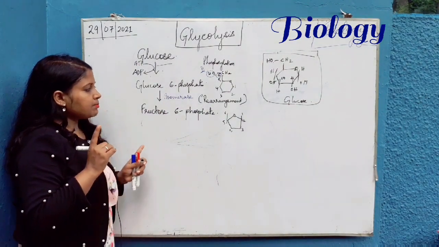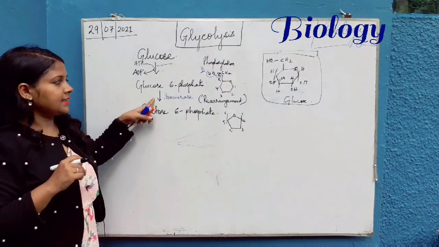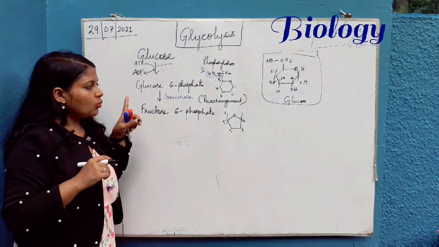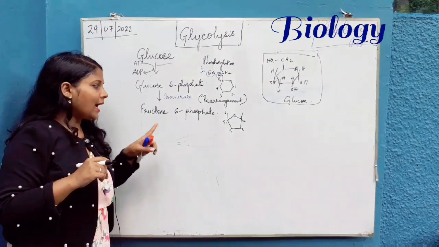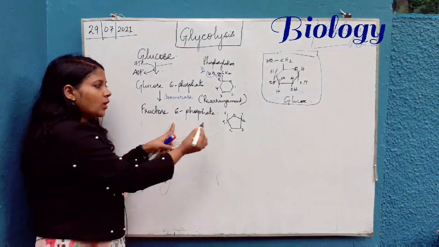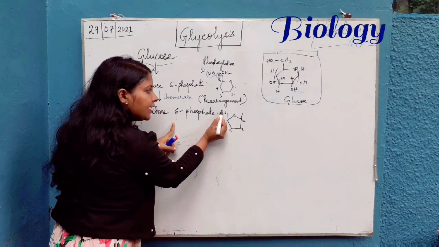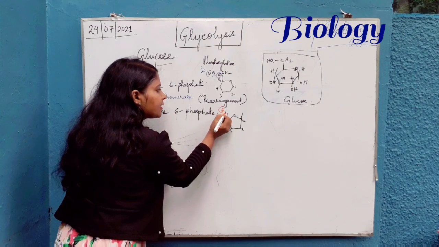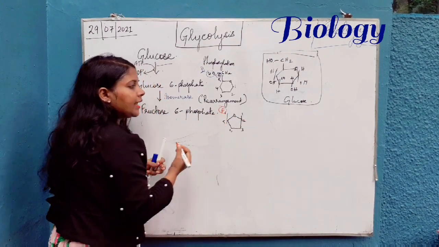What is the purpose of isomerizing the glucose 6 phosphate to fructose 6 phosphate? Because one more phosphate we need to add here. What is going on inside the cell? 1 phosphate is already added here, and then another phosphate I need to add.